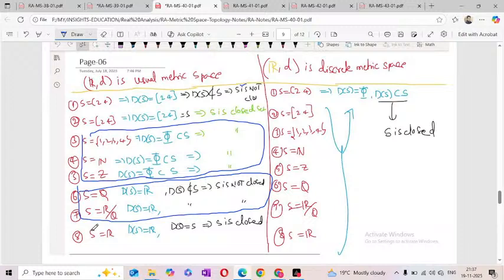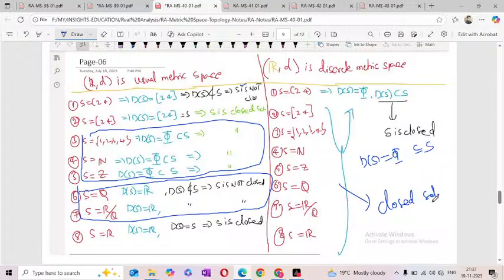But come to the discrete metric. In the discrete metric, first of all, what is the derived set of all these? The derived set of all these sets is the empty set. So this empty set is a subset of S. That means these all are closed sets.